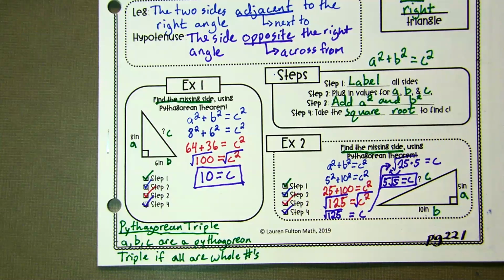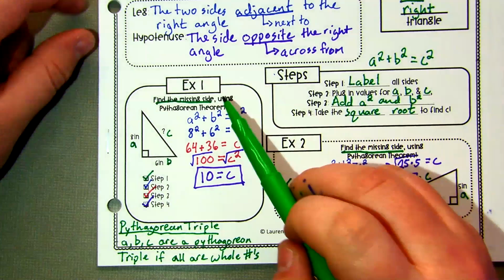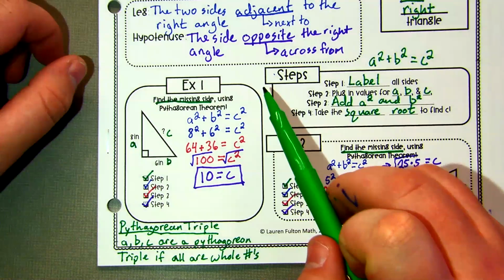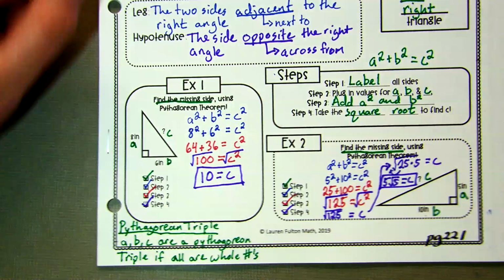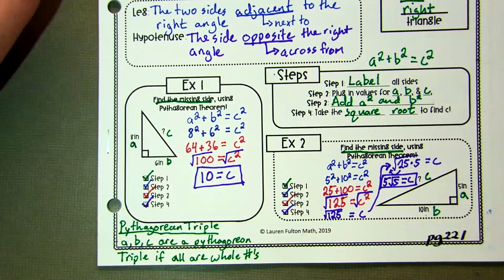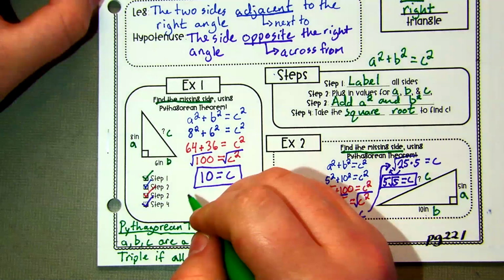So let me ask a question here. In example 1, do we have a Pythagorean triple? Yes or no? Feel free to message it in the chat or shout it out. Awesome. I'm seeing some yeses, some thumbs up, and we are exactly right.